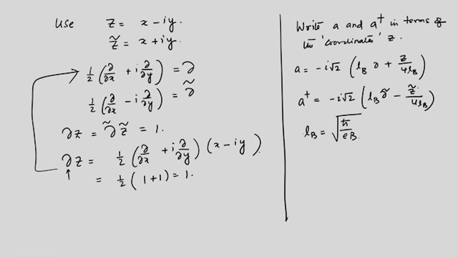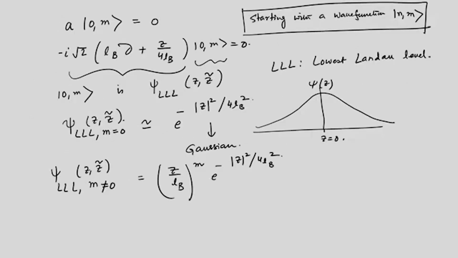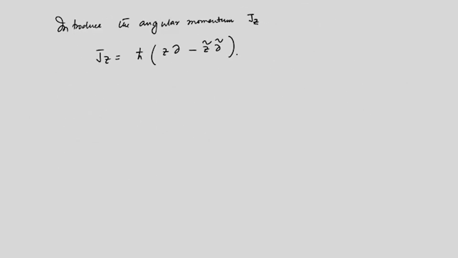I told you that this is not in the conventional form, but this is what suits us the best in terms of the definitions that you know of z and z star or z tilde. Okay.